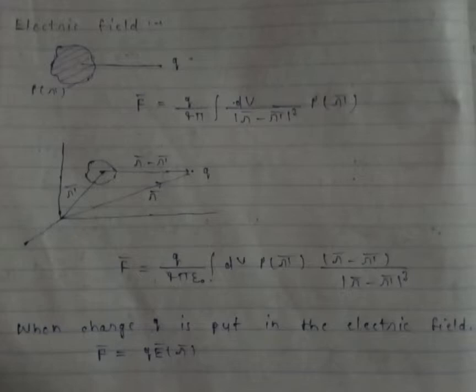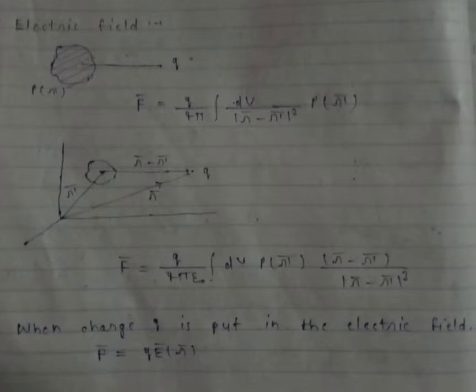That means it distorts something around it. It creates a lot of lines around it, so that if I put a charge somewhere, because of this, whatever I have created, which I am going to call the electric field, a force is applied on it.